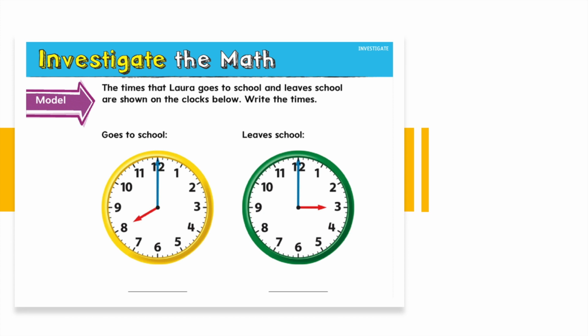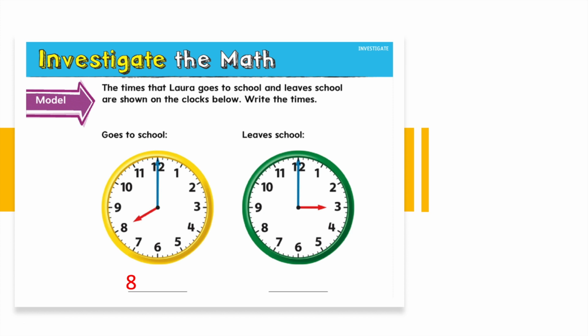Remember, the hour hand is the red. So the red hand is pointing to the 8. So we're going to say it's 8. The hour is 8. And the minute hand is pointing to the 12. When it's pointing to the 12, we say it's o'clock, right?